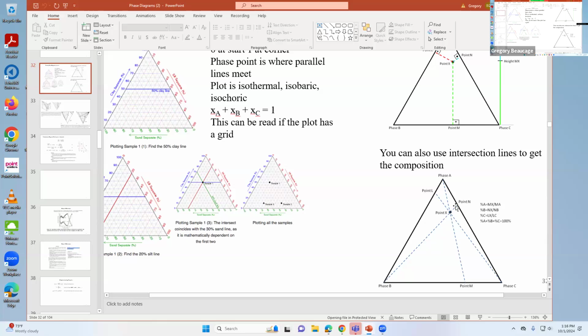And if it's far away from B, it's small. That makes sense. So the small one over the long one gives you the percent B.